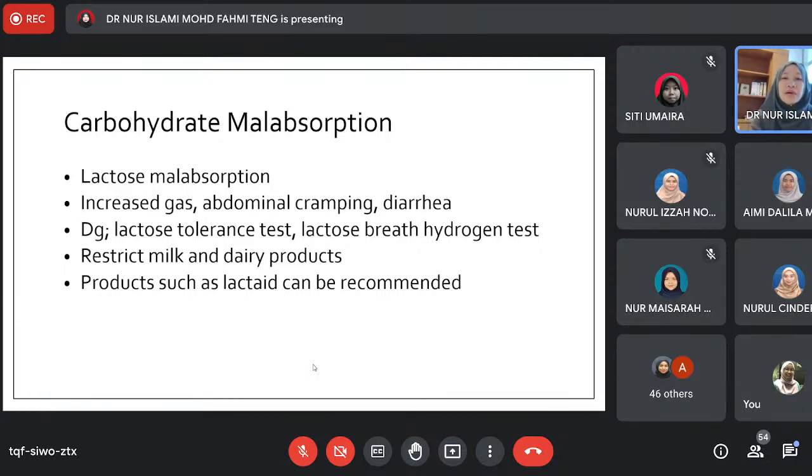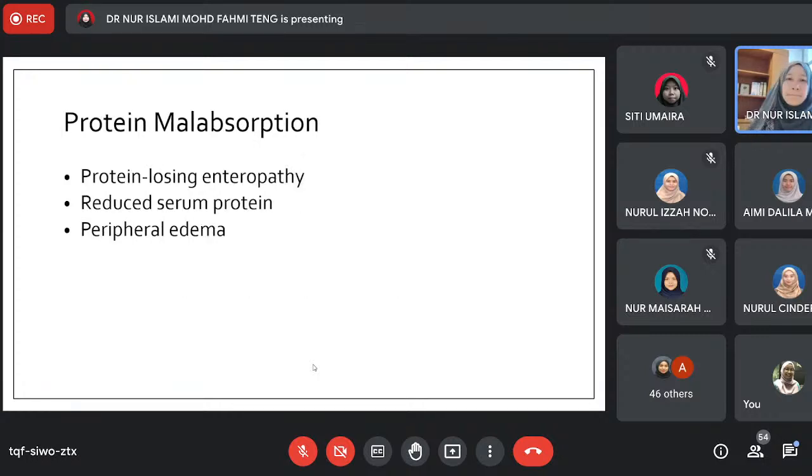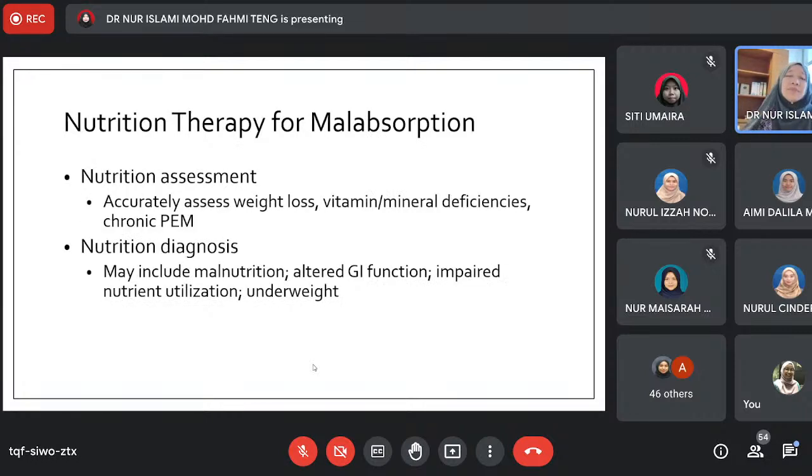For those with carbohydrate malabsorption, we restrict milk and dairy products, and lactose-free products can be recommended. And about protein malabsorption, it is protein-losing enteropathy. It will reduce the serum protein, and those with protein malabsorption may present with peripheral edema. So that is just about the types of malabsorption and their symptoms.